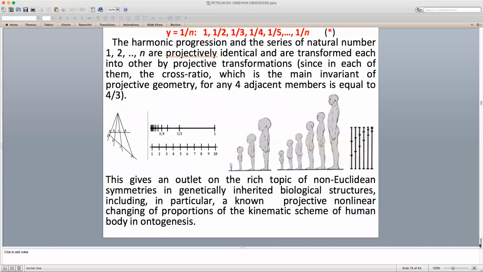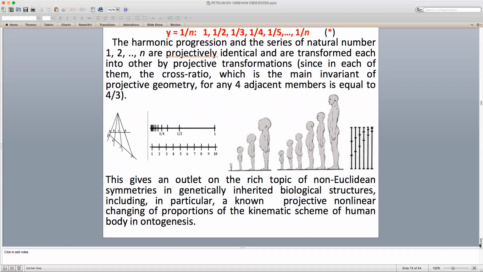The harmonic progression and the series of natural numbers 1, 2, 3, etc. are projectively identical and are transformed into each other by projective transformations, since in each of them the cross ratio, which is the main invariant of projective geometry, for any 4 adjacent members is equal to 4/3.